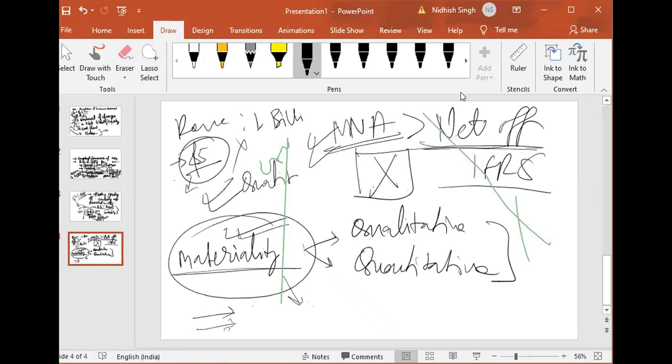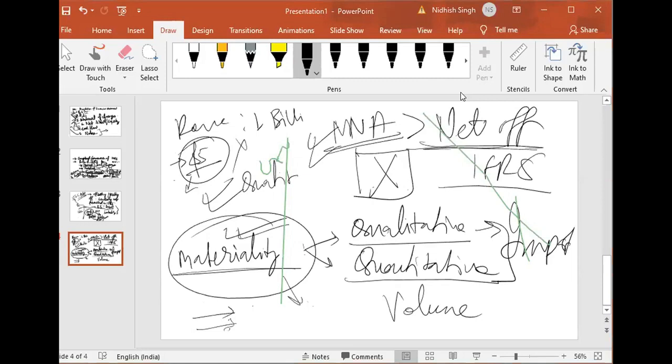Yes. Because quantitative aspect talks about the number, the volume, okay? But qualitative aspect talks about the importance of that disclosure, the activity, that event, that incident. So that's why you need to judge the materiality on the basis of both qualitative and quantitative aspects, and then you can judge whether an event, a number, or disclosure is material or not.